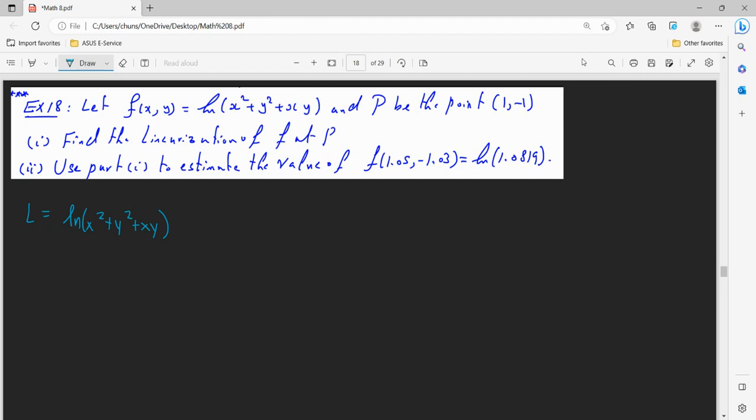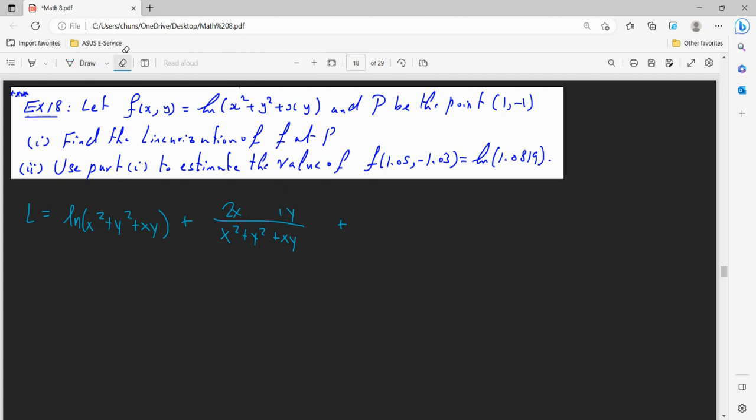And this is plus our derivative. When we take a derivative of ln values, our derivative is on the top, with respect to x first, over our original. And this is plus now with respect to y.